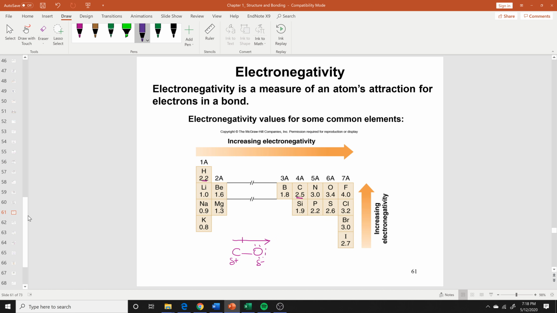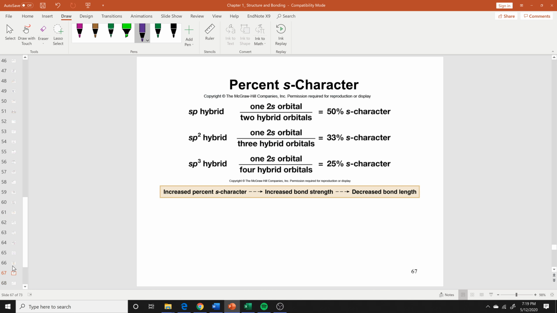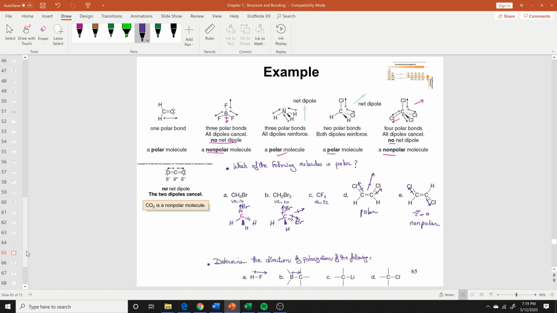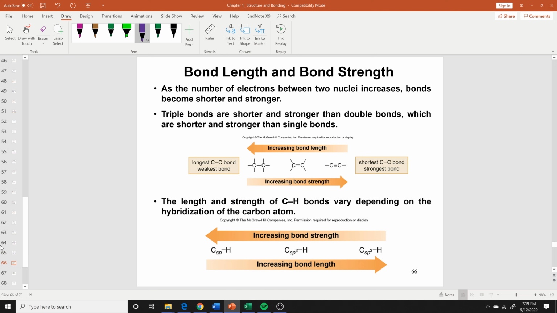Yeah, I do have boron and I do have carbon, so it's included there. Okay, so where were we? Here you go. Okay, with respect to carbon and lithium, carbon is more electronegative than lithium in there. So this is the direction of polarization. And carbon and chlorine, this is going to be the direction of polarization towards the chlorine.